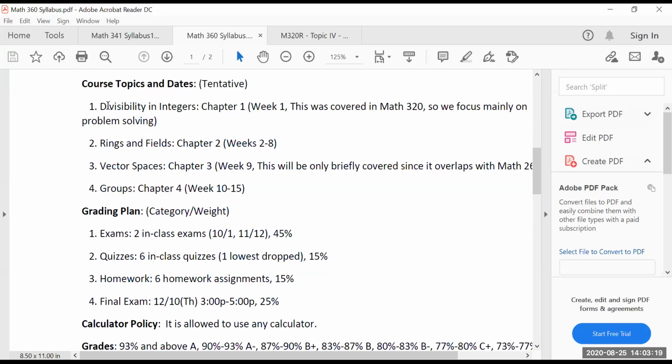These are the topics that I will cover throughout this semester. First topic is divisibility in integers, chapter 1. This was covered in Math 320, so we focus mainly on problem solving in this topic.